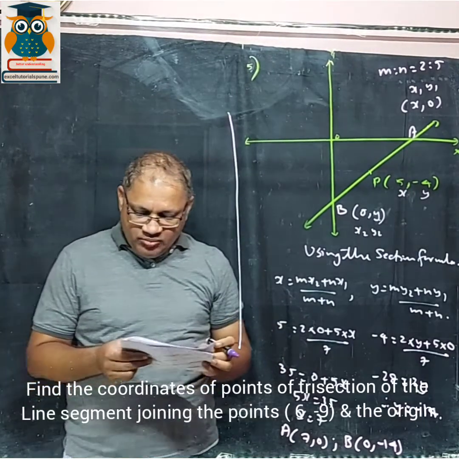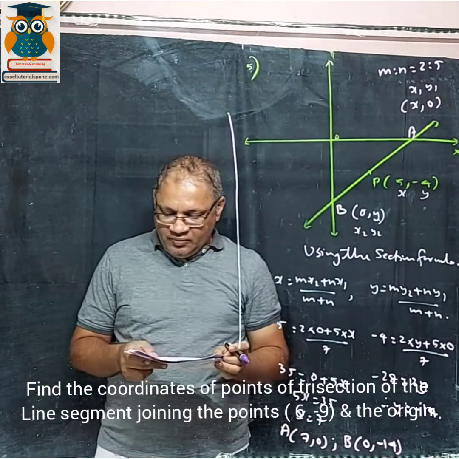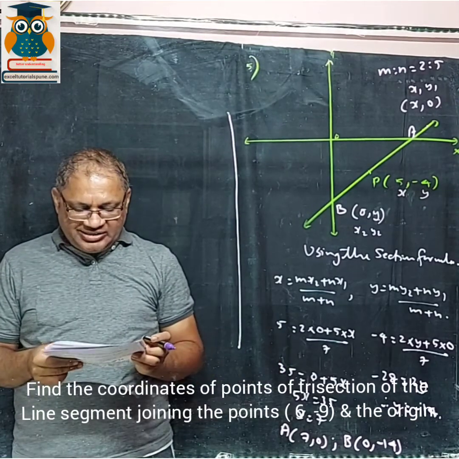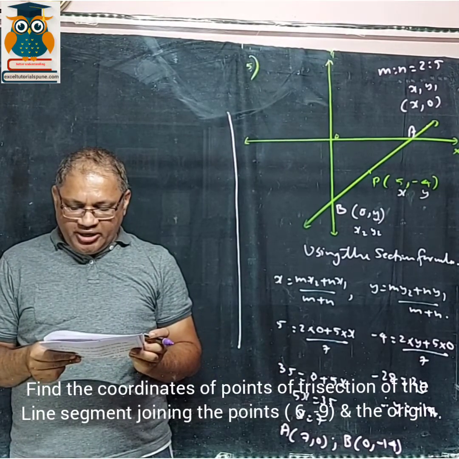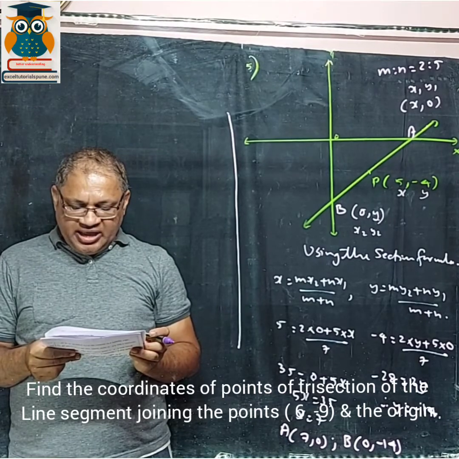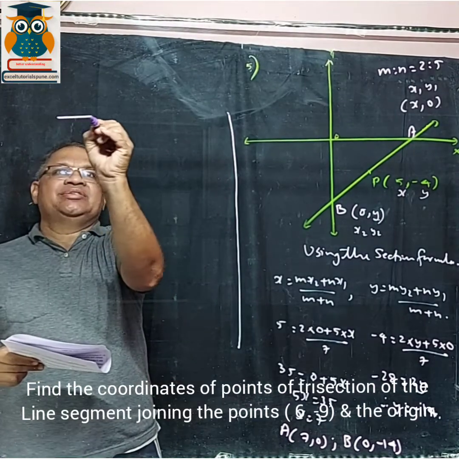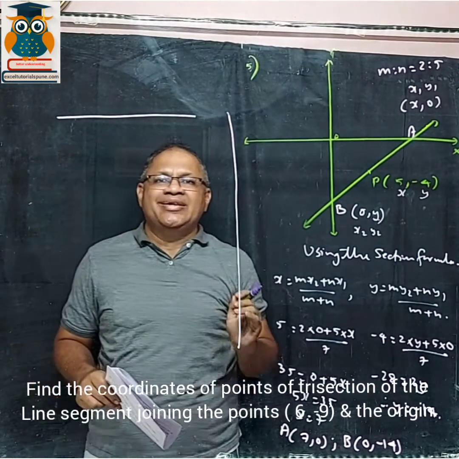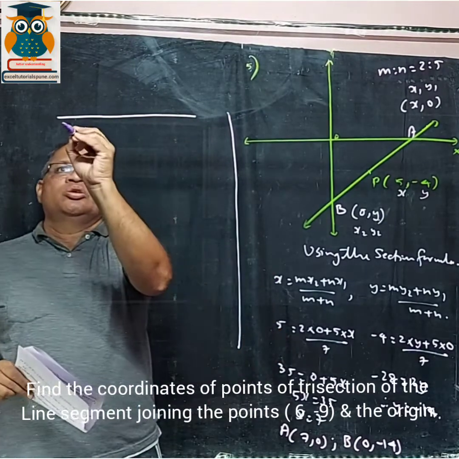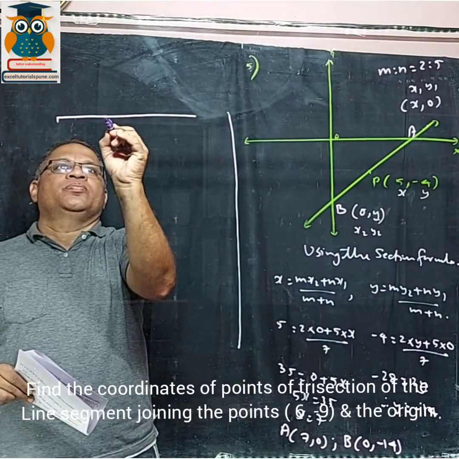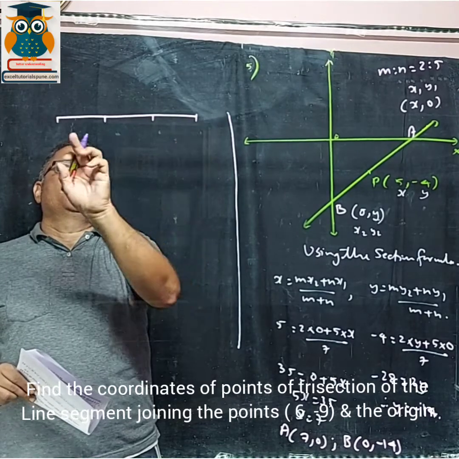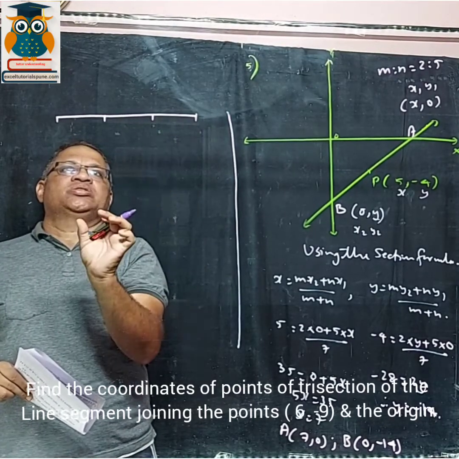Alright. Now the sixth sum. Find the coordinates of the points of trisection of the line segment joining 6, minus 9 and the origin. Trisection means what? A line is divided into 3 equal parts. So 1, 2, 3 parts. Okay.